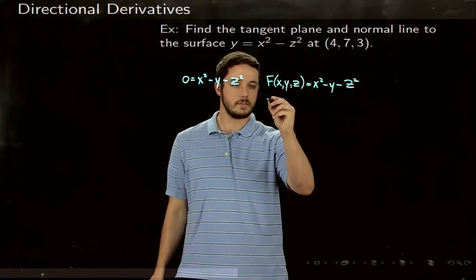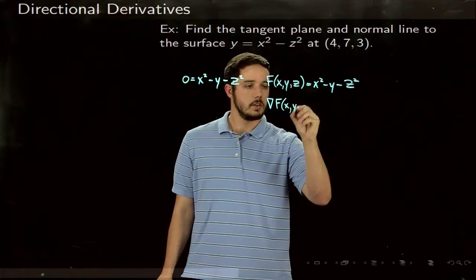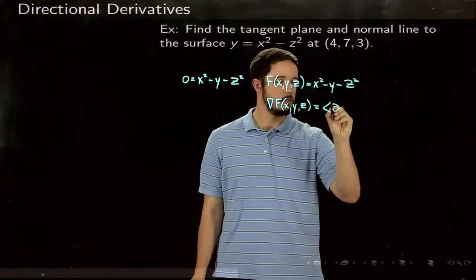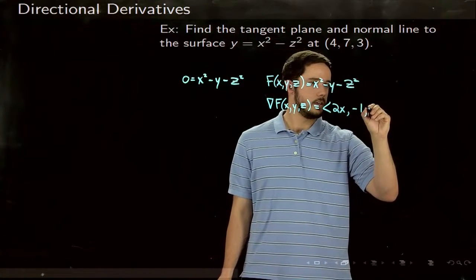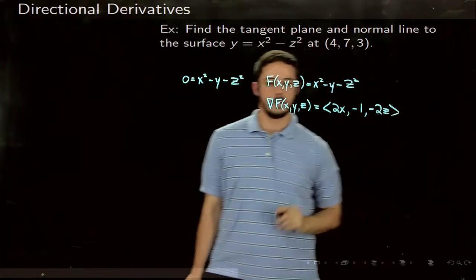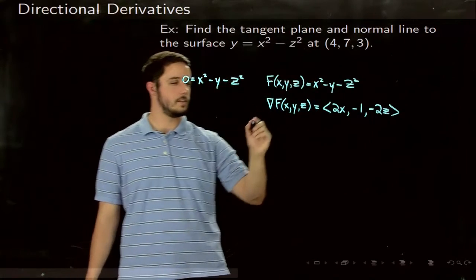So what's the gradient of this function? The gradient, if we just take the partial derivatives, is just 2x, comma, negative 1, comma, negative 2z. So that's the gradient. So what's the gradient at the point we're interested in, 4, 7, 3?